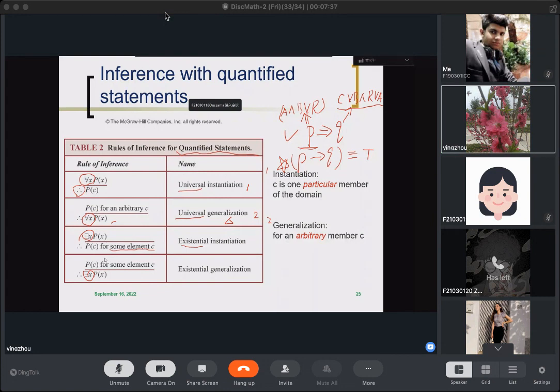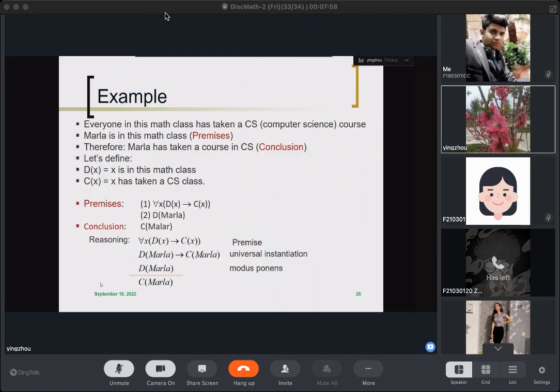Okay, and similarly, if we know that for some special element c we have P(c), then we can say for some x, P(x). So we have these special rules for this logic statement with the quantifier symbol.